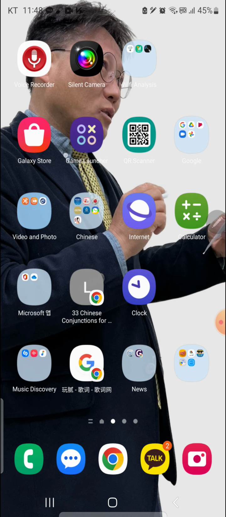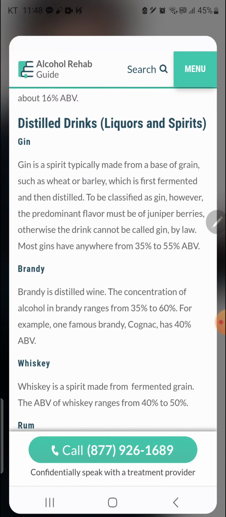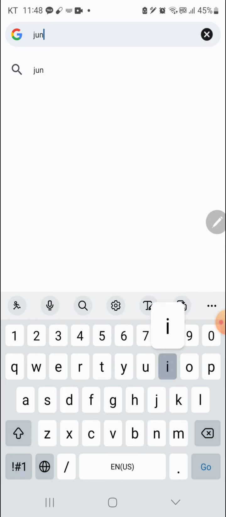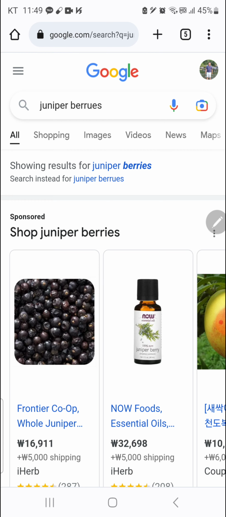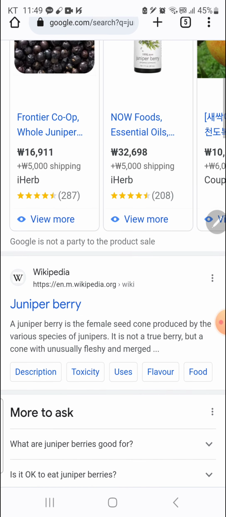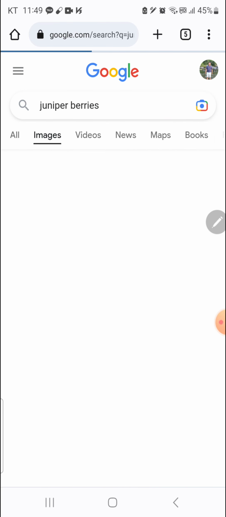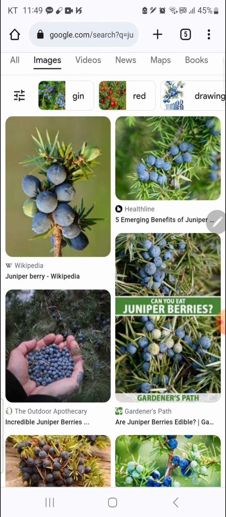Let's find out what the juniper berries are. I feel groggy. Juniper berries, really. They are used to make gin.